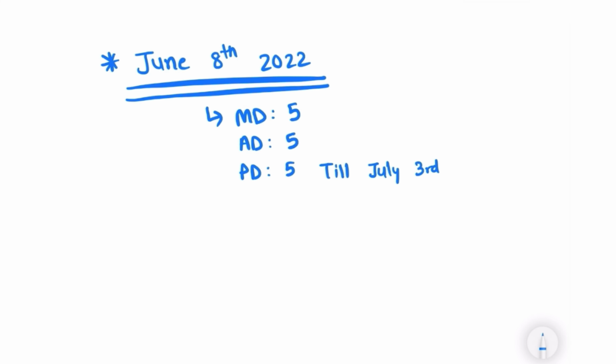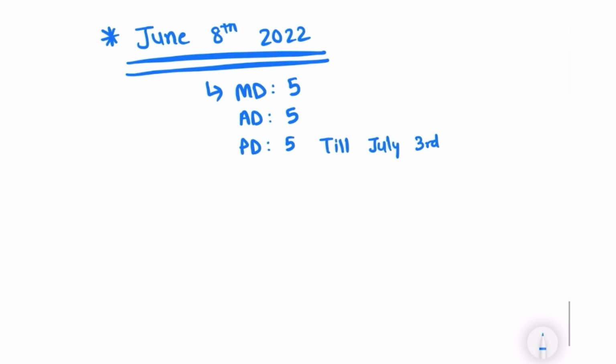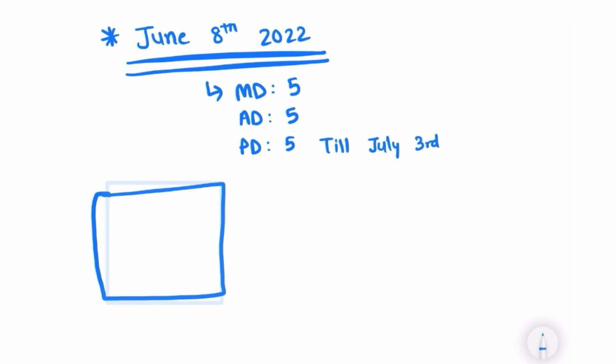So what is the whole purpose of finding the Mahadasha, the Antardasha, and the Pratyantardasha? That is because when you have a grid, for example, let's make this person's grid. I'm going to explain it in this video only.